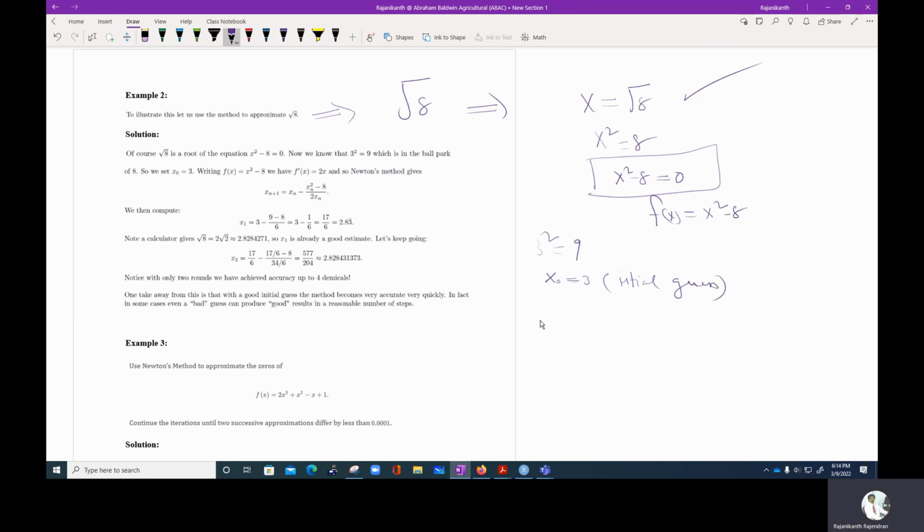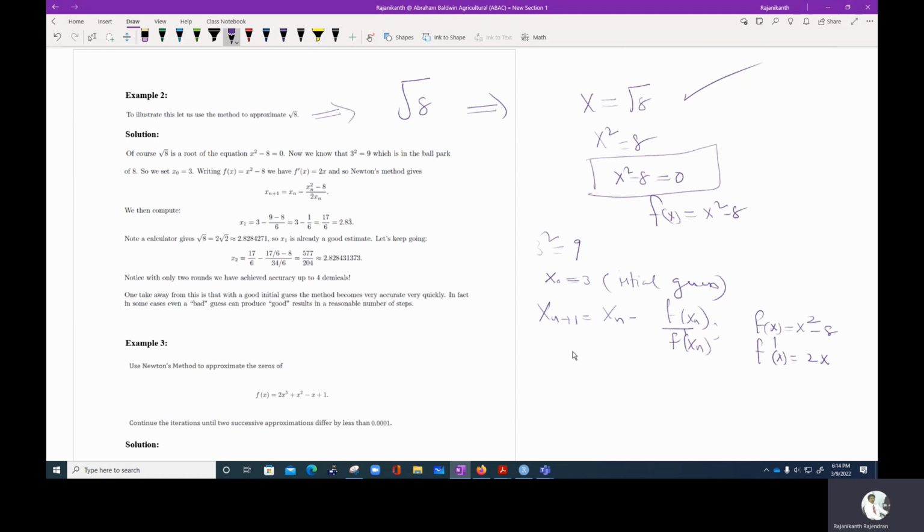Now use the iteration formula. Remember the formula? x(n+1) equals xn minus f of xn over f prime of xn. Remember your f(x) function. Your original function for this problem was x squared minus 8, right? Now I need the first derivative, which is 2x.